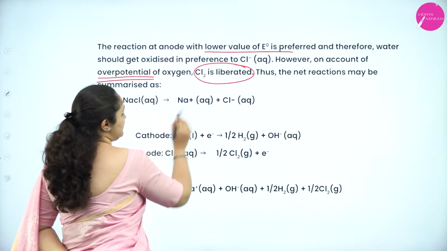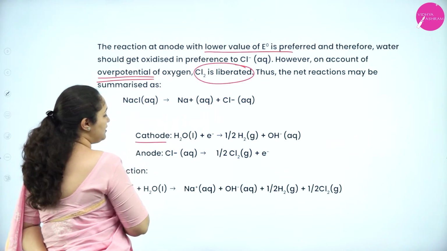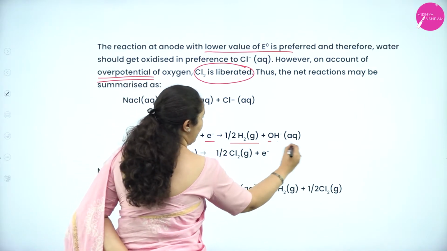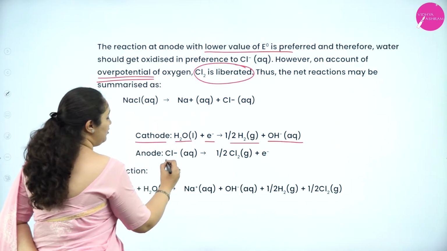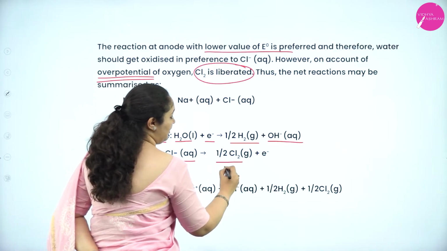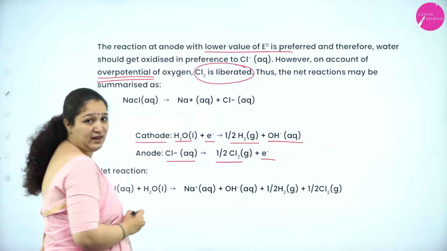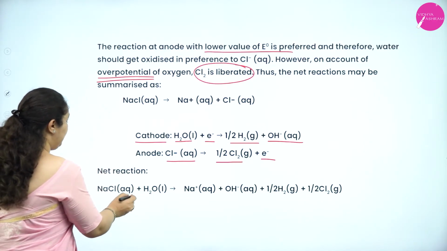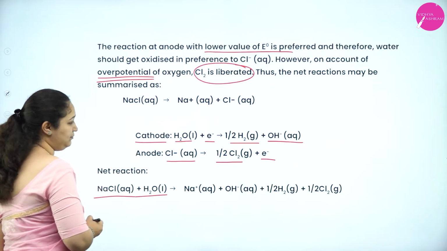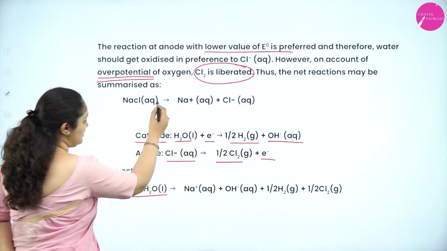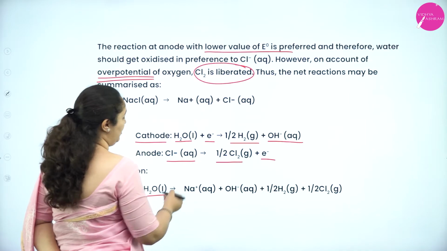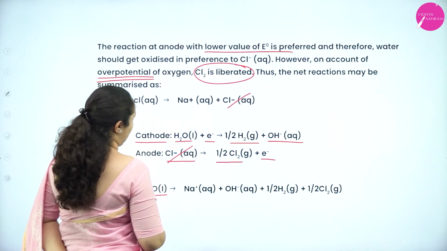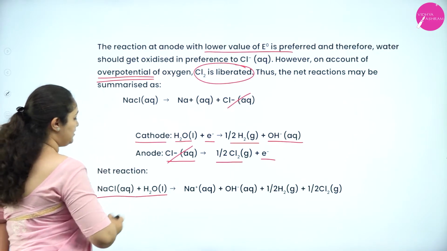Thus, I can write the net reaction as: NaCl will give Na plus and Cl minus. At cathode, water accepts electron to liberate hydrogen gas and OH minus. At anode, Cl minus will liberate as chlorine gas and liberate electrons, and the overall net reaction I can write as NaCl with water. You add all these three reactions. Chlorine and chlorine get cancelled, and we have water and NaCl which I have written.